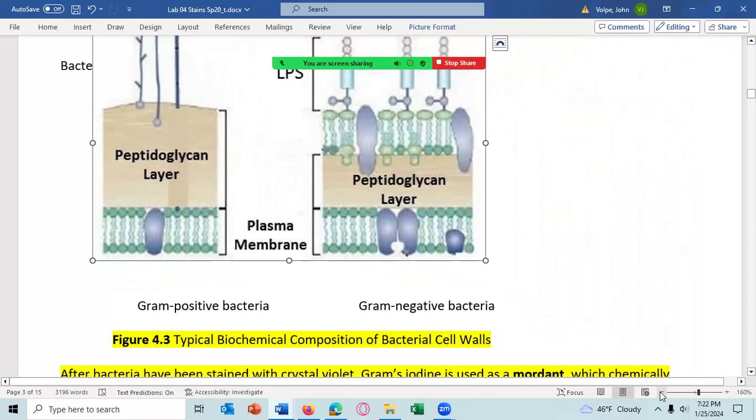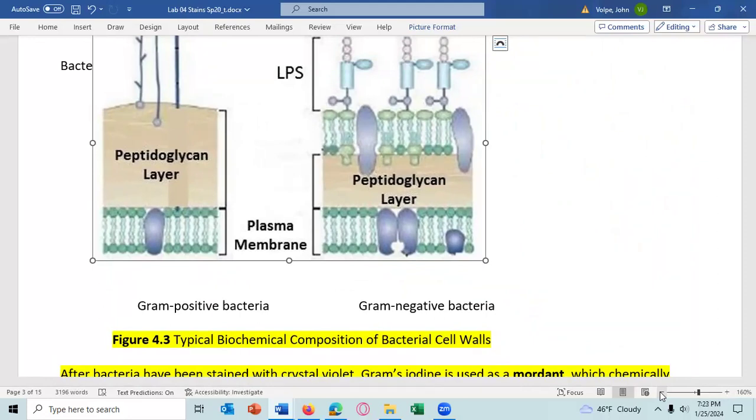Oh, I forgot to mention that the textbook, when they show you the gram-positive cell, they only show 3 layers of peptidoglycan. And in the gram-negative cell, it's even worse. They only show 1 layer of peptidoglycan. And the peptidoglycan in the gram-negative cells is at least 3 layers, up to about 20 layers.